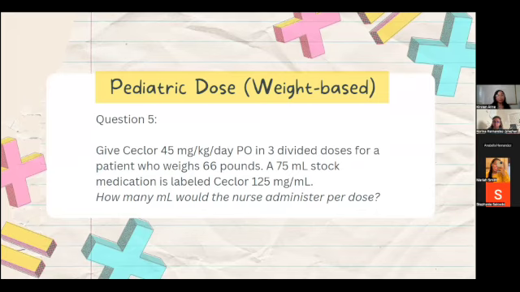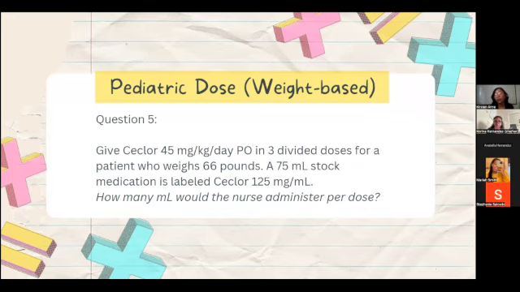Okay, so I'm going to read the question. It says give Ceclor 45 milligrams per kilogram per day, PO, in 3 divided doses. Remember when I said that whenever it says 3 divided doses, that's very important, because the question asks how many mL the nurse would administer per dose. So just keep that in mind.